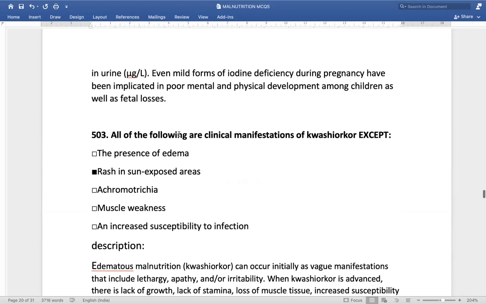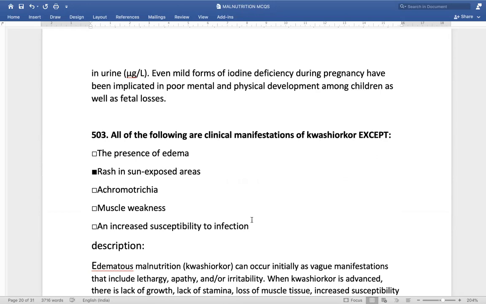So again, all of the following are classical manifestations of kwashiorkor except: edema, we already know. Rash in the sun exposed areas, achromotrichia, that is flag sign. Muscle weakness definitely will be there, and increased susceptibility to infection. So rash in the sun exposed area is not a characteristic of kwashiorkor. Rash can occur anywhere throughout the body.